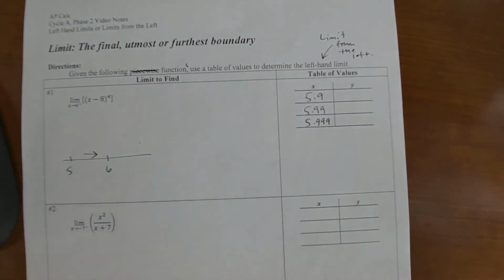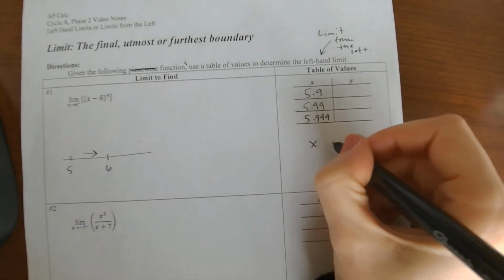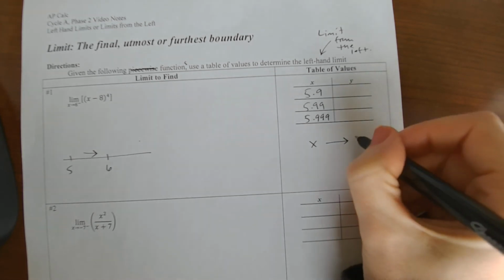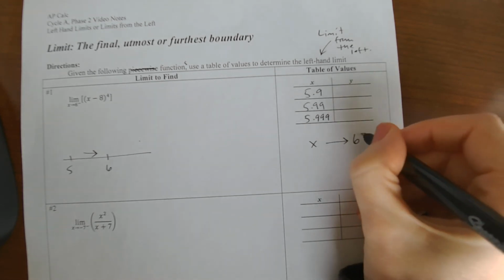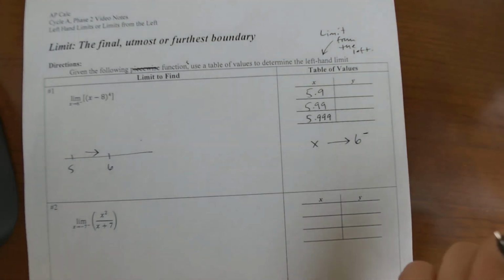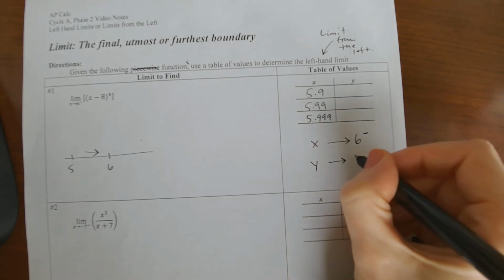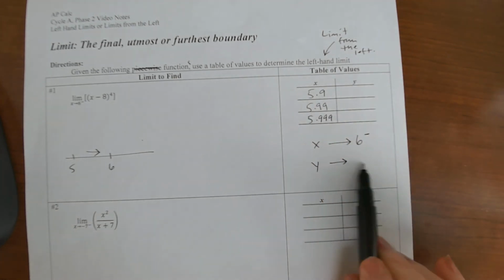The question we want to ask ourselves is, as x approaches 6 from the left, so this arrow diagram, we're going to be using these arrow diagrams, y approaches what? That's the question right there.